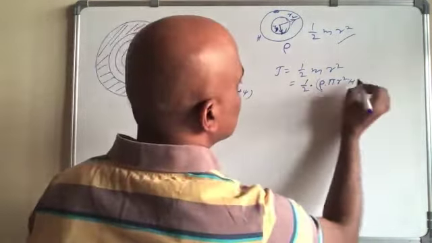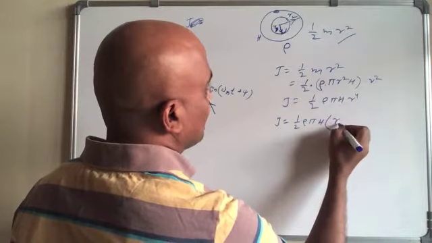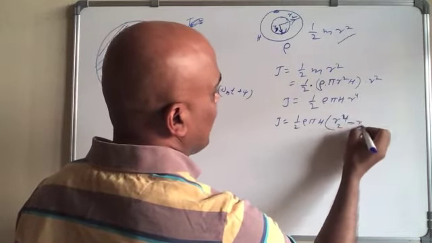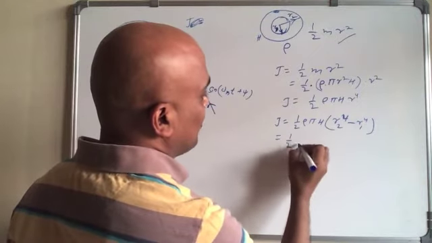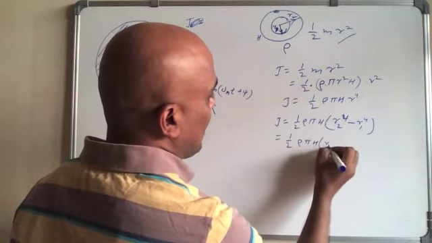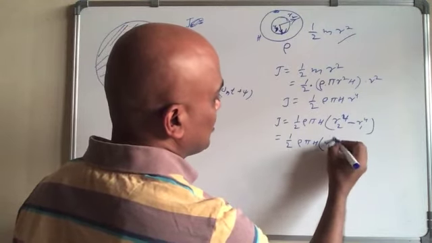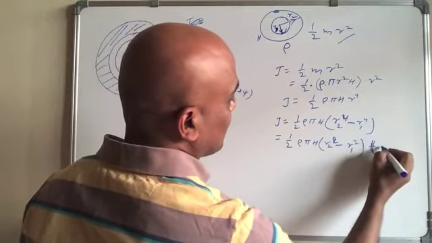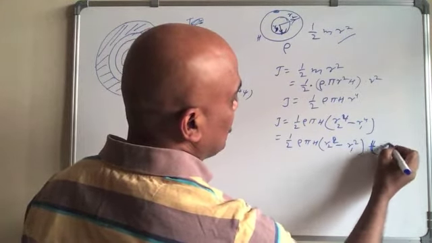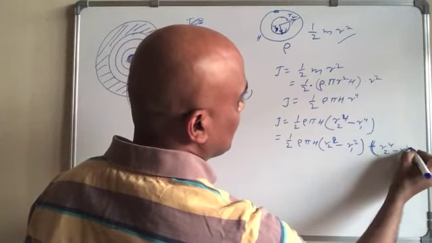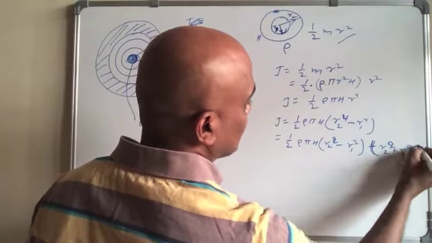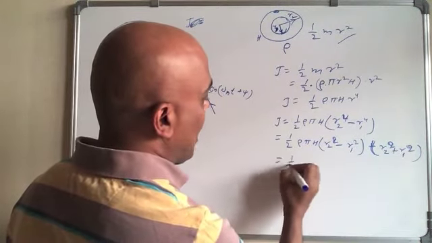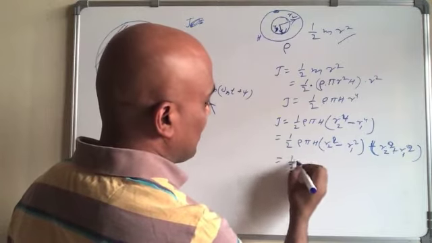Now if the inner and outer diameters are given, you get J equal to half rho pi h times r2 to the fourth minus r1 to the fourth, which equals half rho pi h times r2 square minus r1 square, multiplied by r2 square plus r1 square.